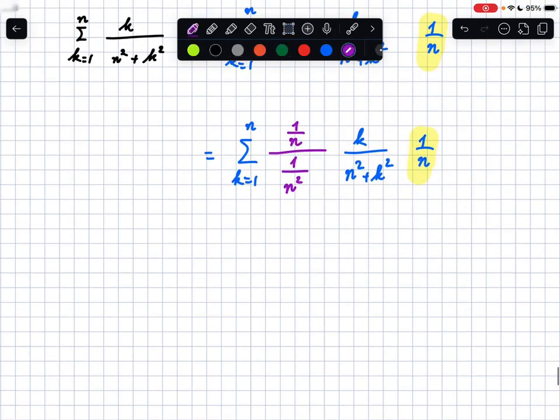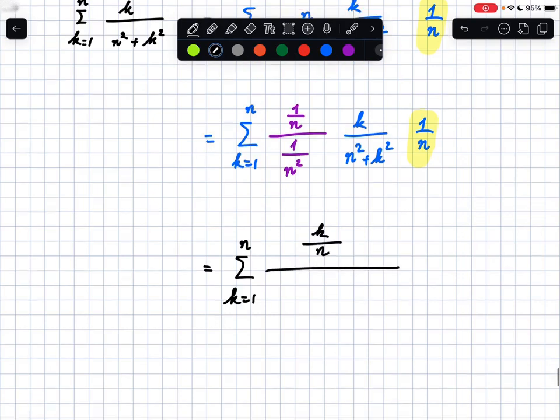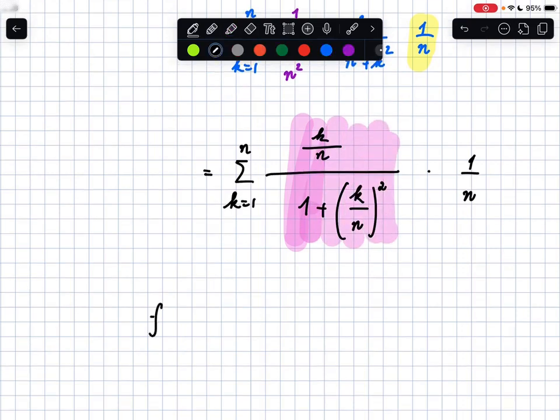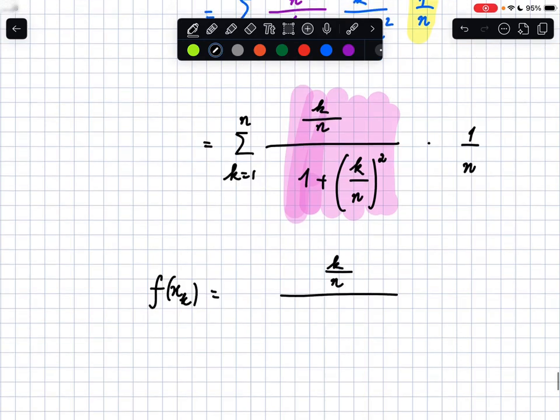Now this is written as the summation k from 1 to n of k over n, divided by n squared over n squared, which is 1, plus k squared over n squared. So it is k over n, whole squared, times 1 over n. The entire thing here, we think of as f of xk: k over n divided by 1 plus (k over n) squared.